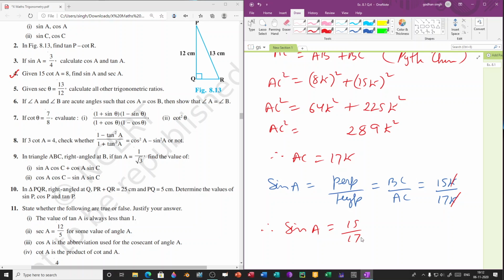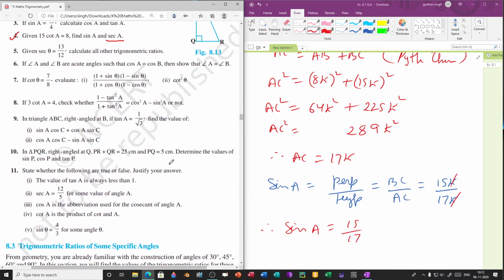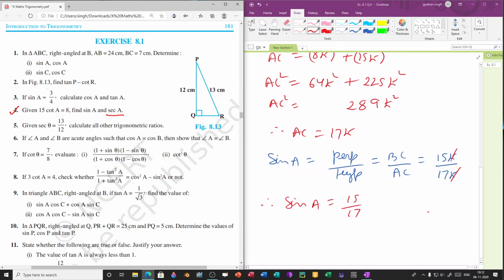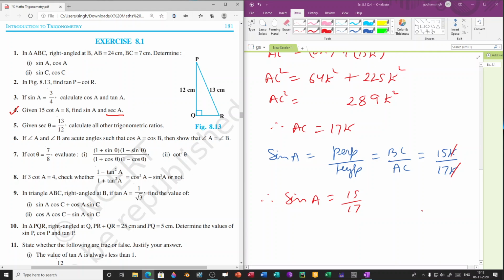Next we have to find sec A. What is sec A? That is equal to hypotenuse over base. So we will be finding the value of sec A now. Sec A equal to hypotenuse over base equal to. So now let us see what is the hypotenuse.